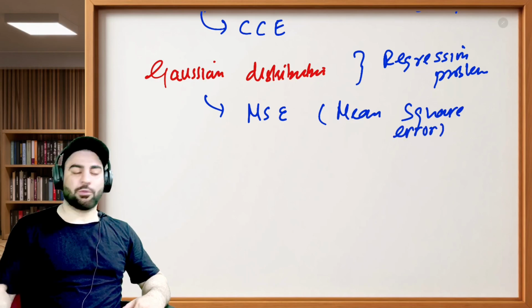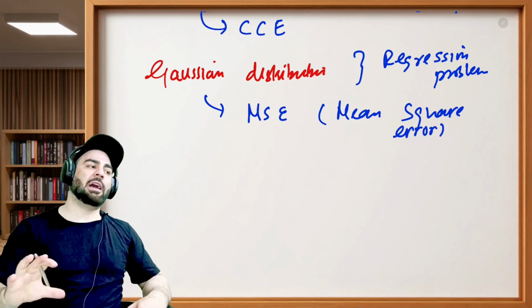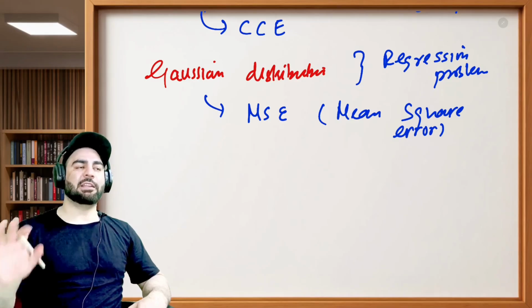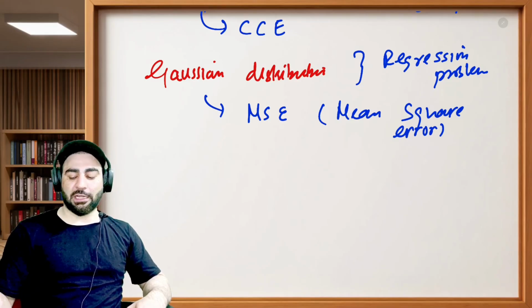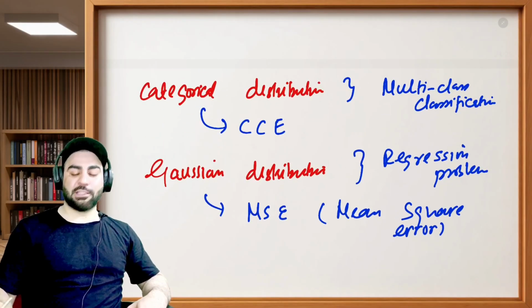So this is what you will do. After you choose the distribution, you construct a loss function, then you apply the negative log likelihood on that, and you will come to all these loss functions by using these steps.